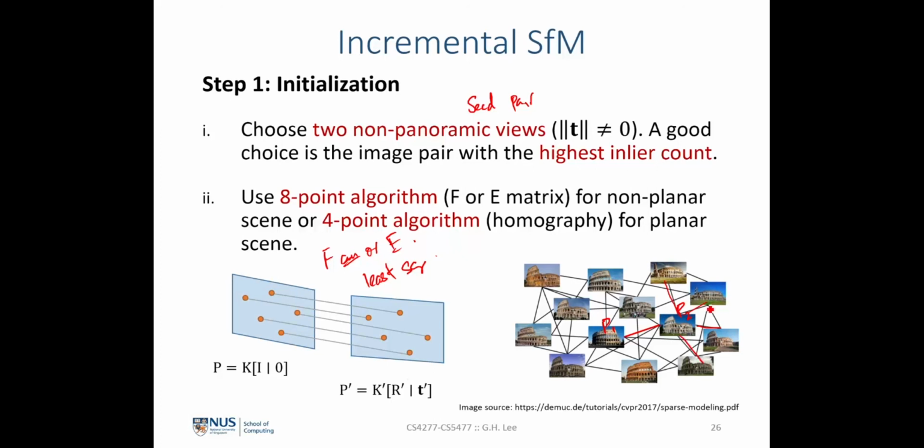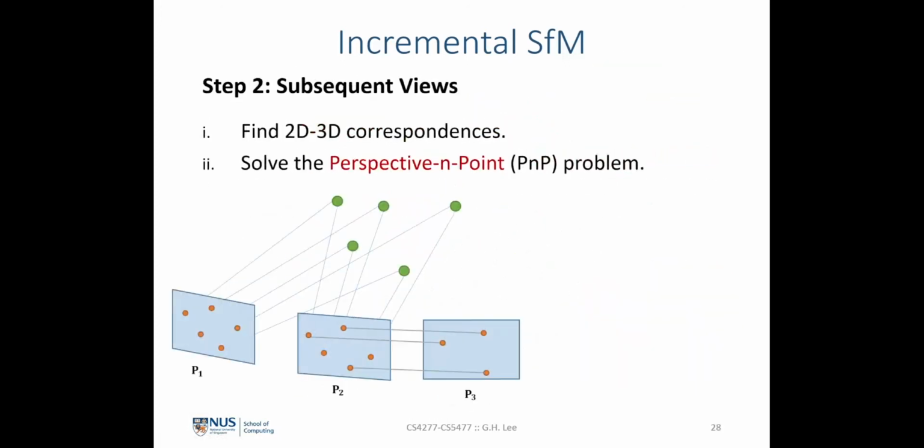Suppose that I chose this view because it's linked to P2, and this I would call P3, to add on to the structure from motion pipeline. Once I have decided on P3, the third view from the scene graph, the next thing I would do would be to establish the 2D correspondences, and this is done by the image correspondences.